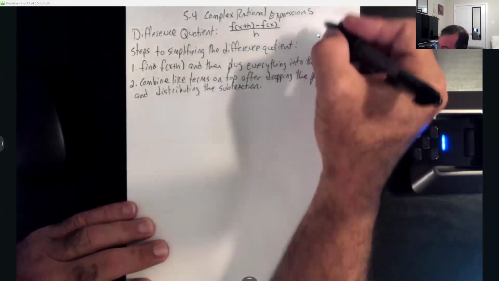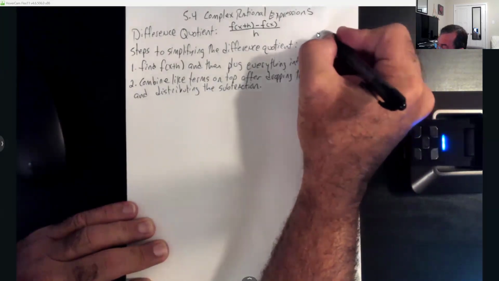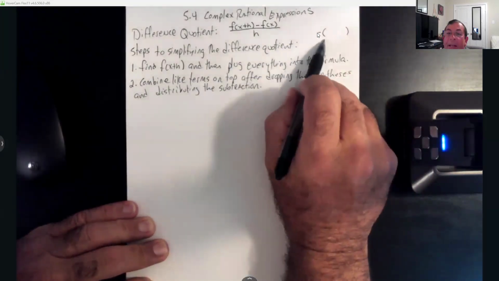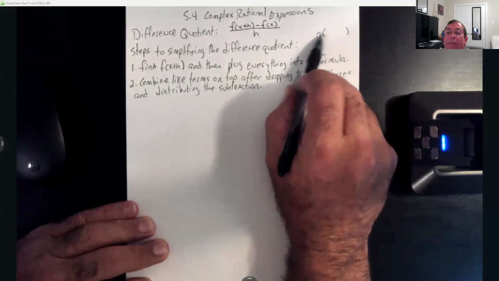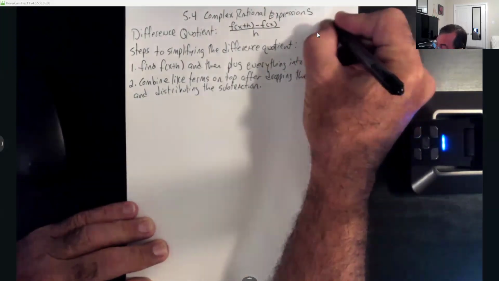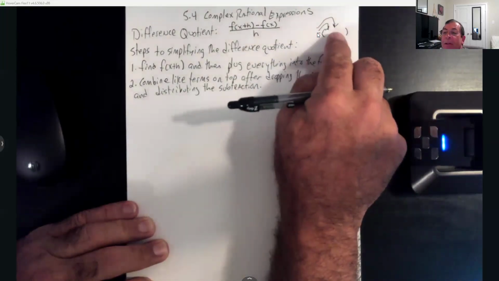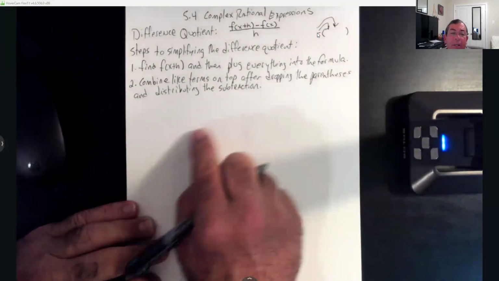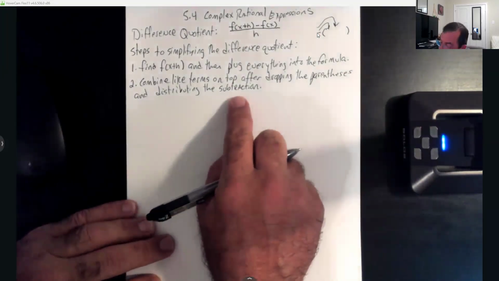Okay, so you just got to remember, if you got parentheses that are being subtracted, anything that follows this subtraction, we got to distribute the subtraction to everything that's inside those parentheses. So that's what I'm talking about right here.